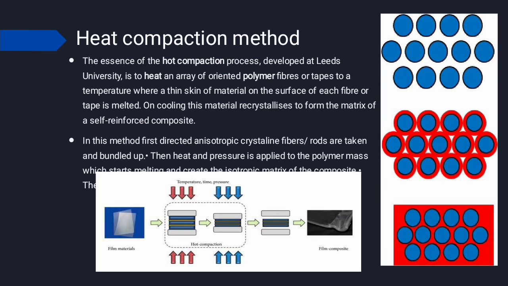In this method, first, oriented anisotropic crystalline fiber rods are taken and bonded, then heat and pressure are applied to the polymer mass. Basically, this is the film material with the heat compaction layer inside, the heating zone and the cooling zone. The blue arrows show the cooling zone and the heating zone.